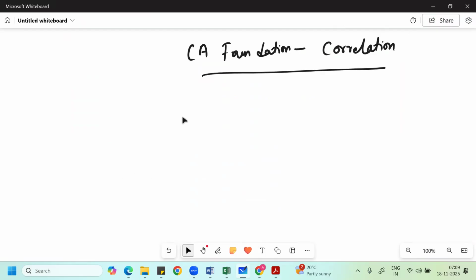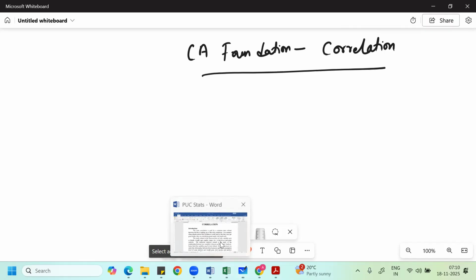If I want to establish the relationship between those two independent variables, then we'll study the concept of correlation. Correlation is all about finding the relationship between two independent variables.